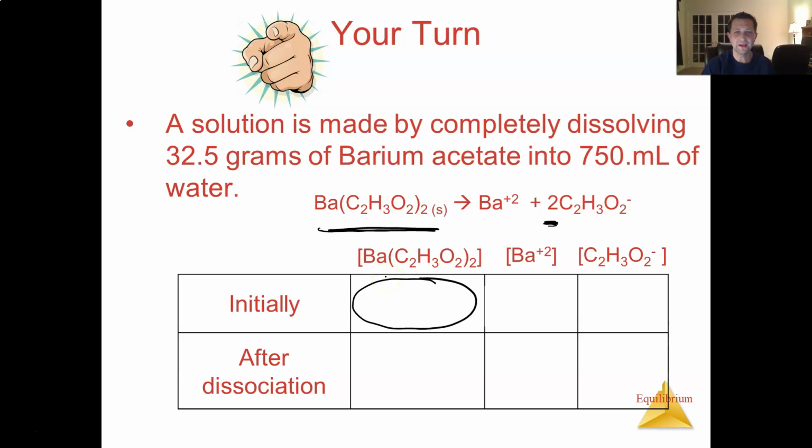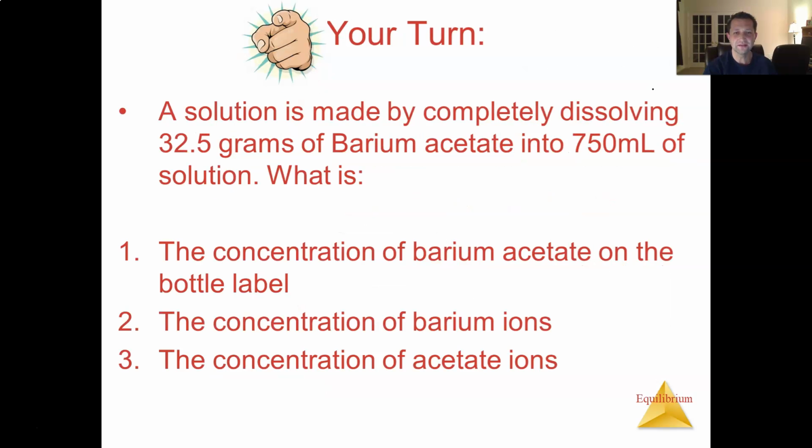What does the label say? Remember the unit for molarity is moles per liter. Okay? So you want to figure out what's your moles of barium acetate in how many liters of solution and actually figure it out. Okay? Give you a second to do that. See if you can go through and answer the rest of these, and then we'll take it from there.